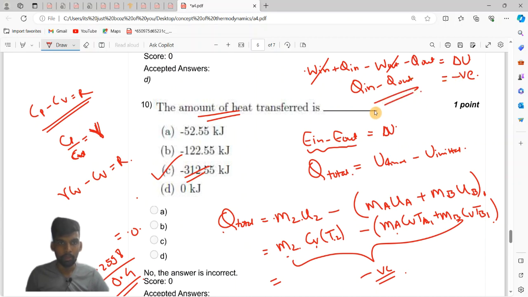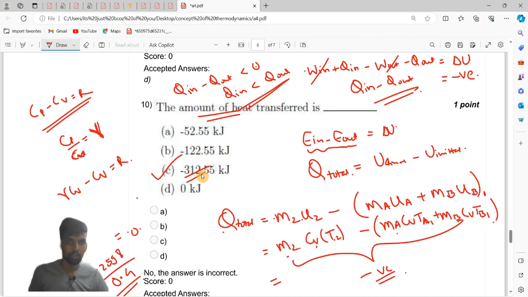This means heat is leaving the system. Q in minus Q out is less than 0, so Q out is more than Q in, meaning net heat is leaving the system, and the heat transfer is out of the system. That is what the negative sign signifies.